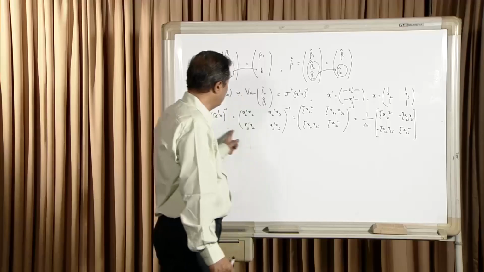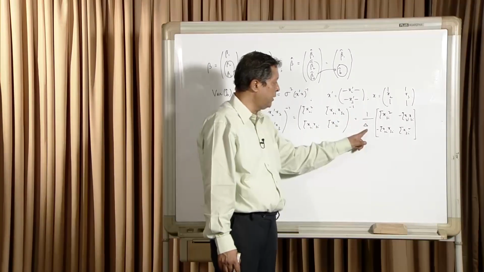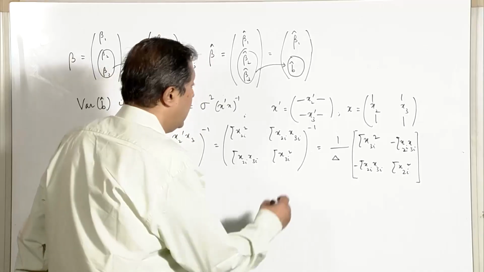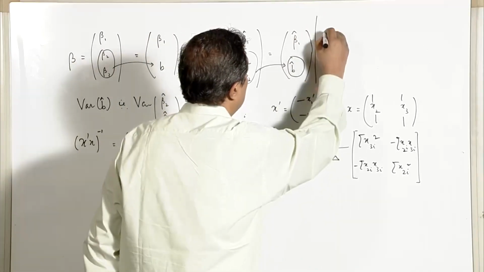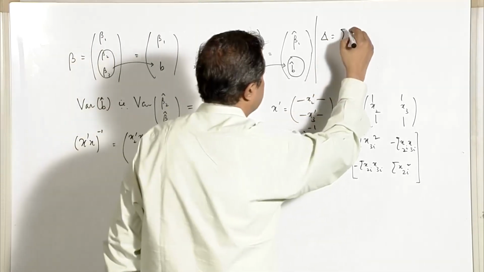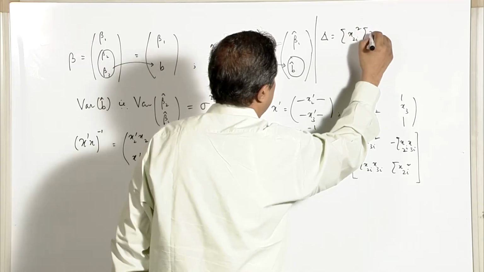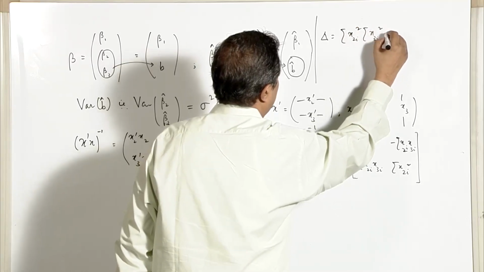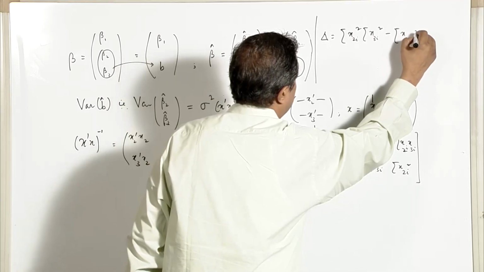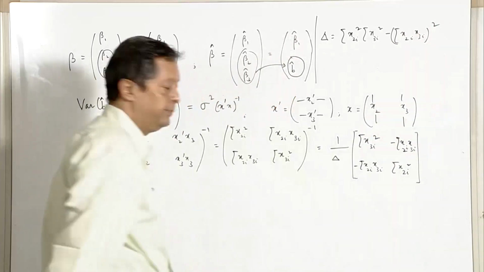So, that is going to be the expression for (x prime x) inverse, 1 upon delta times this matrix, where delta is equal to the determinant of this matrix, that is summation x2i square summation x3i square minus summation x2i x3i whole square.